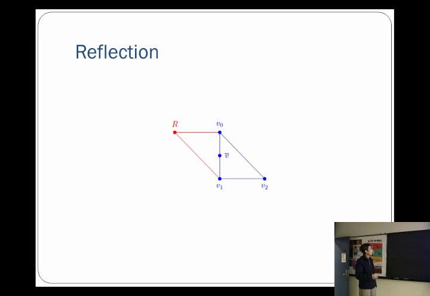So here is reflection. This is our current simplex, the best vertex, the worst. This one is the center of these two vertices. Now we construct a reflection point R, a reflection of that triangle. Then we compare the function value at R with the function values at those vertices.